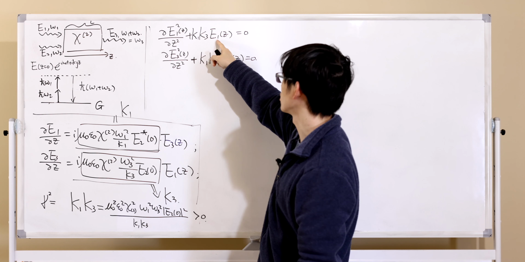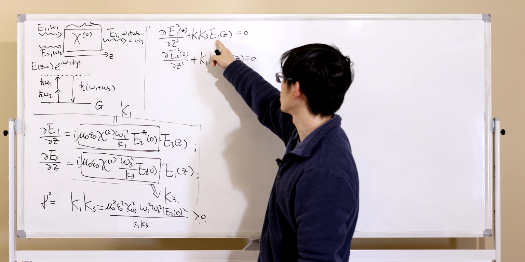I write E2 separately because it's a complex number, so I separate E2 as its amplitude and its phase. So the conjugate of E2 would be E2 e to the minus i phi.